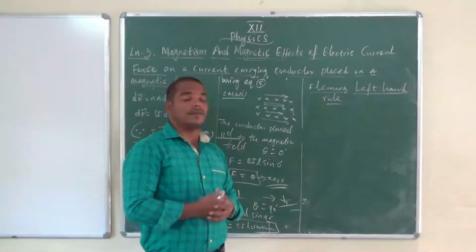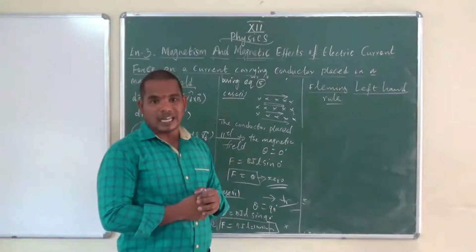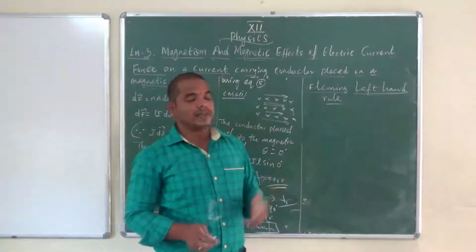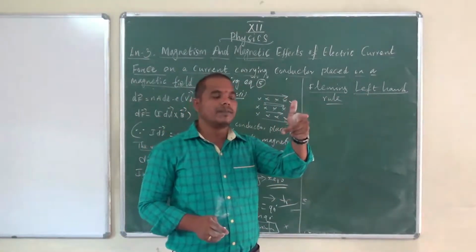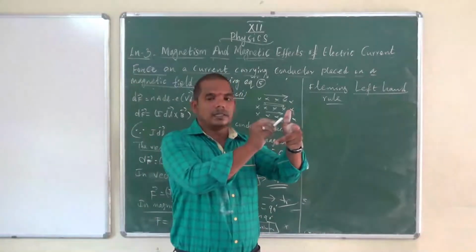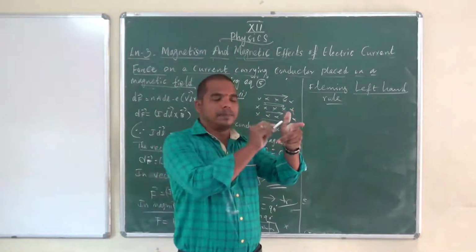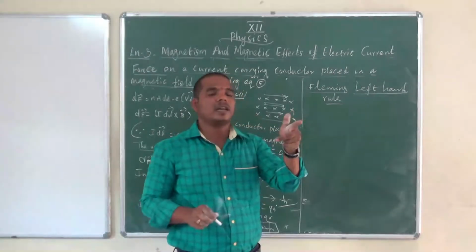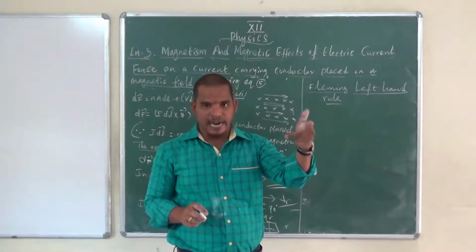We will discuss Fleming right hand rule in our forthcoming lesson 4. So, Fleming left hand rule. Stretch the 3 fingers of our left hand mutually perpendicular to each other. See, this thumb, forefinger, middle finger.